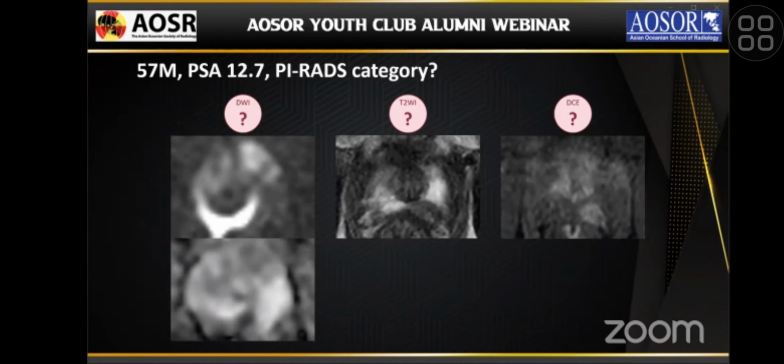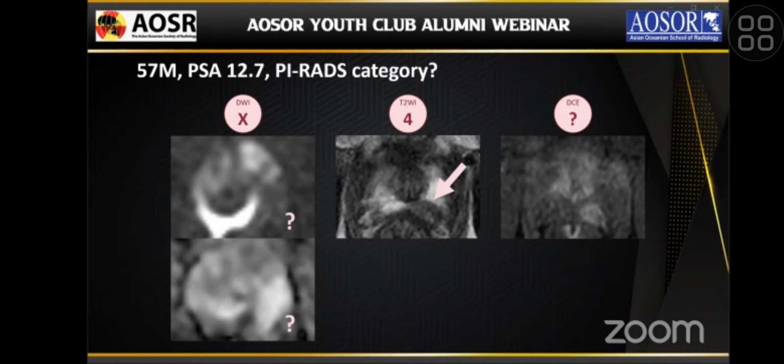Then, how about this case? DWI is distorted by artifact from rectal gas, so we can't score this sequence.